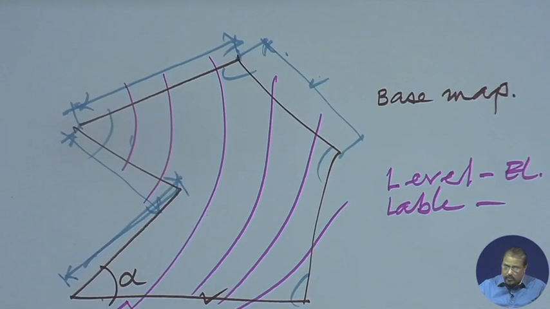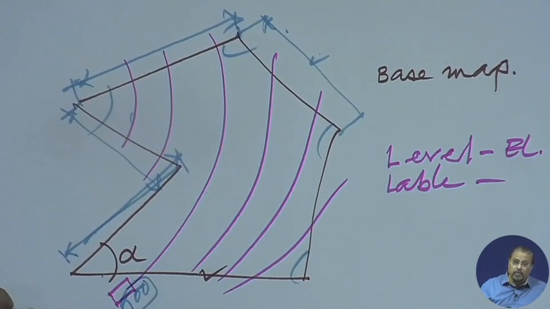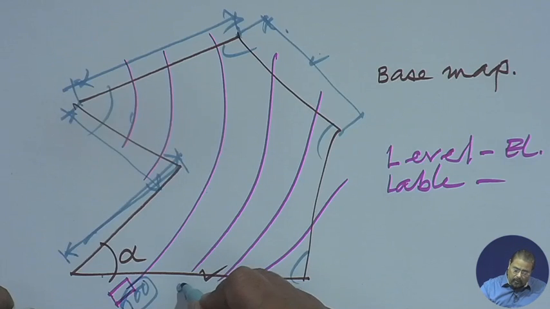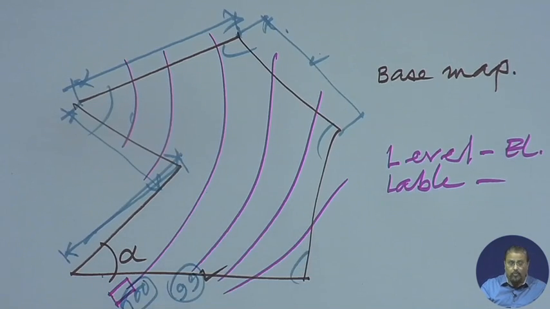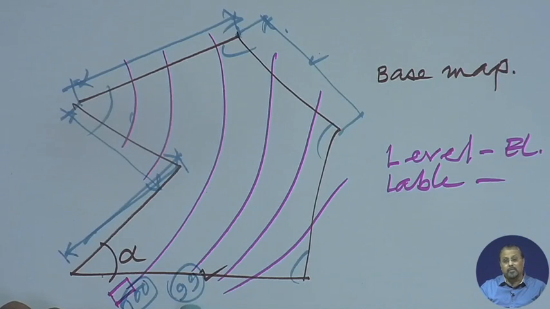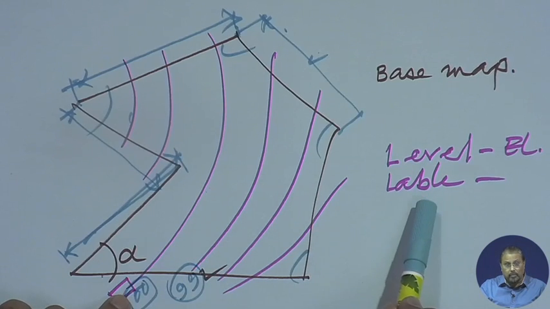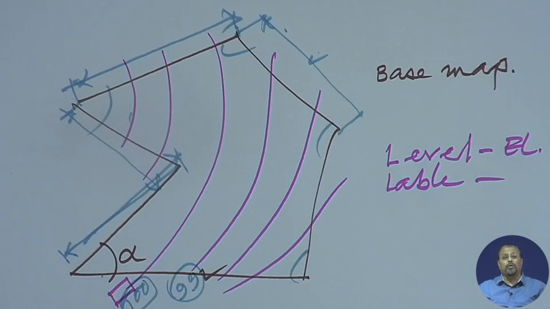That means if somebody says this is 100, and this is 99, considering that this particular drop is 1 meter, 100 is the level, 99 is the level, both are levels. Nowadays we are sometimes using the term annotations, by which this is depicted.